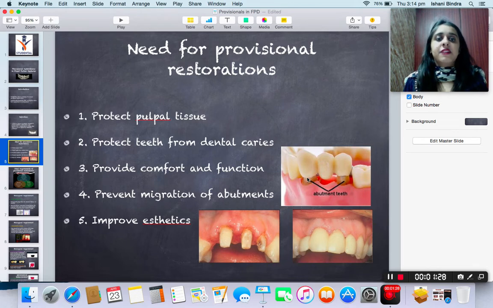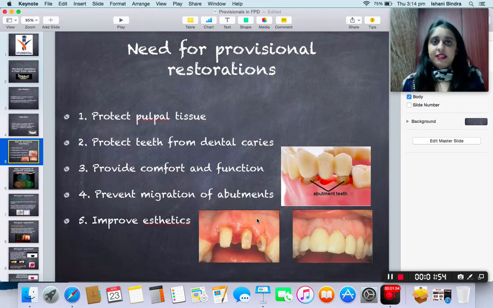For example, when we are preparing any tooth for fixed partial dentures, originally the teeth which were unprepared were in tight contact with the adjacent teeth. But once we are done with the preparation, a proximal space is created between the prepared tooth and the adjacent unprepared tooth. So provisional restorations are given to prevent migration of abutments and to improve aesthetics.